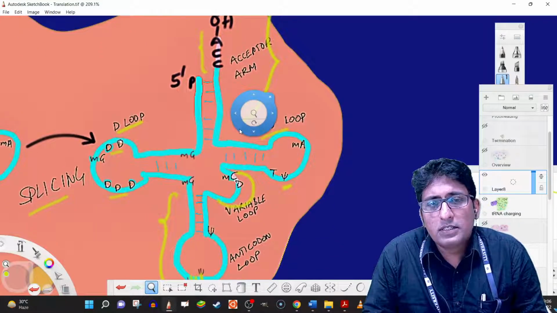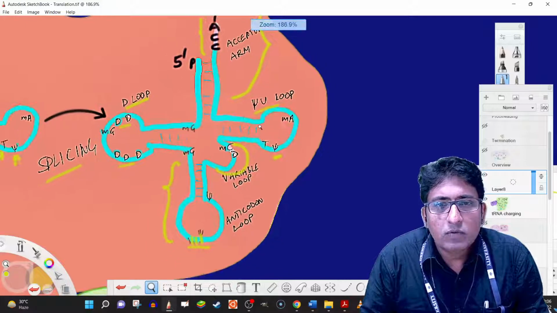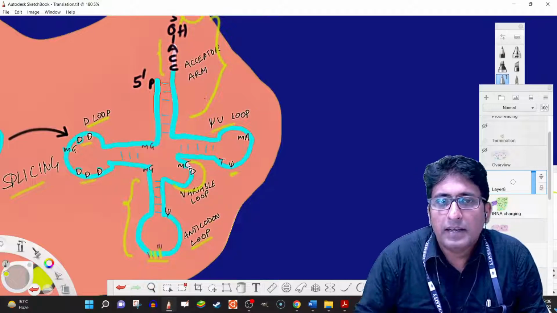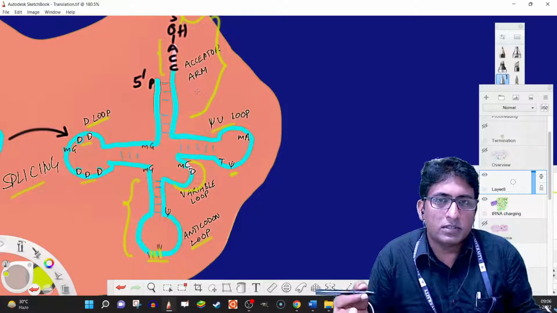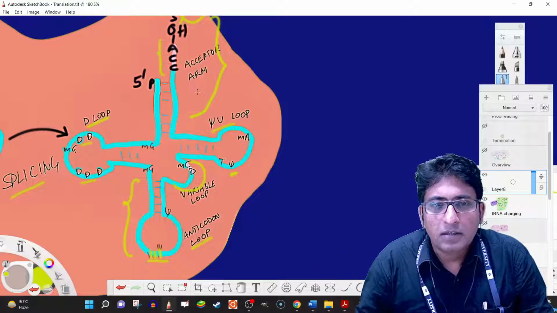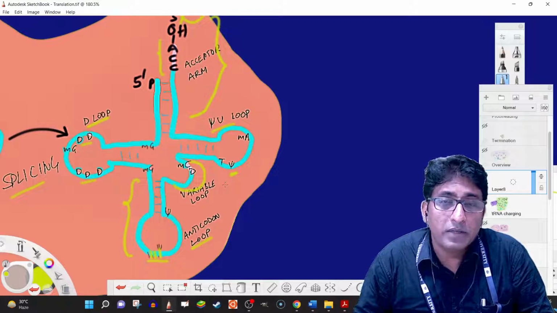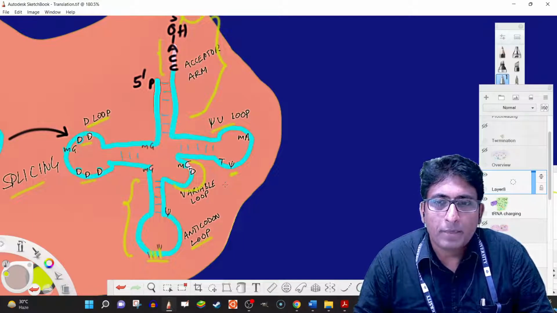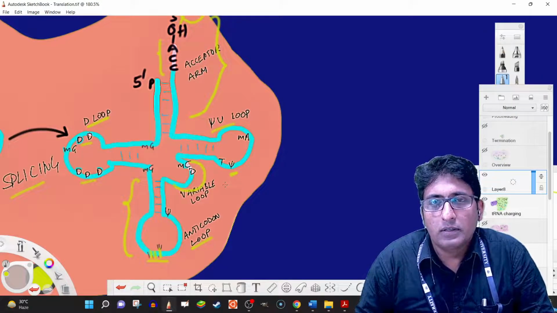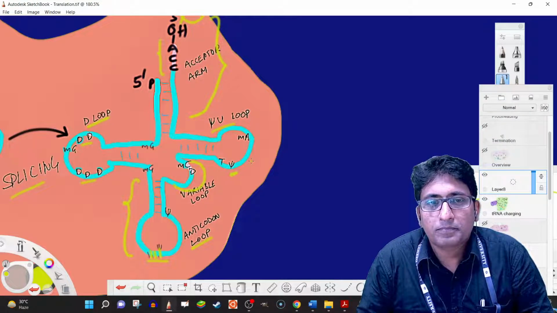These structures are important for multiple purposes, although in translation we would mostly discuss the anticodon loop and the acceptor arm, because they are the ones recognizing the codon and bringing the amino acid. But other structures also have important functions, such as being recognized as tRNA by different enzymes, and when they fit into the ribosome.